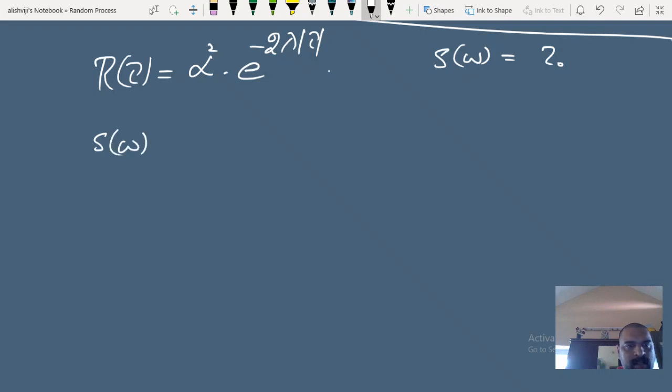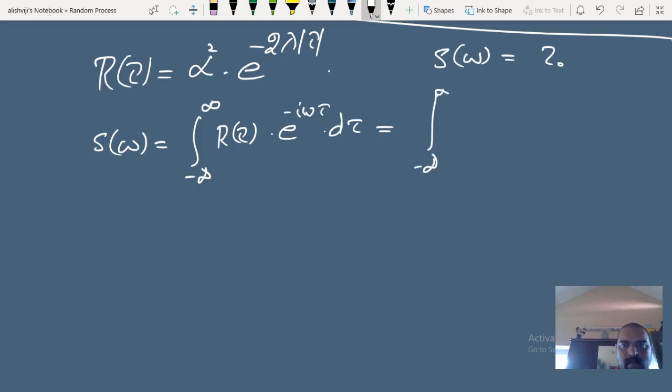The power spectrum is given by the Fourier transform of the autocorrelation function, and in our particular case, this is the integral from minus infinity to plus infinity of alpha square, which is a constant, e raised to minus 2 lambda, which is also a constant, into modulus of tau into e raised to minus i omega tau d tau.